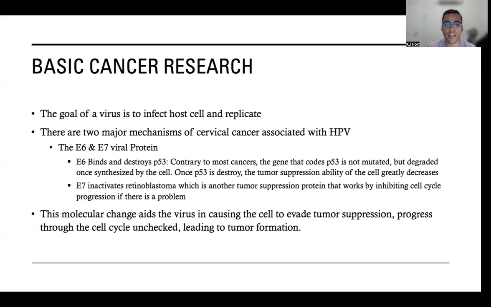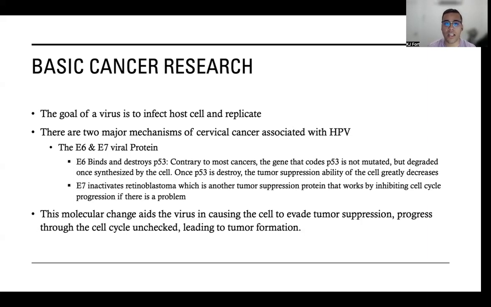So the goal of any virus is to infect a host cell and cause replication of the viral DNA. And the HPV virus in cervical cases is no different. It takes persistent infection, though, and there are two major problems that happen with persistent HPV infection: the E6 and the E7 viral proteins. And the molecular problem as far as the tumor suppressor gene is concerned: in a typical cancer cell, the tumor suppressor gene is mutated, so you may have an issue producing P53 or retinoblastoma.